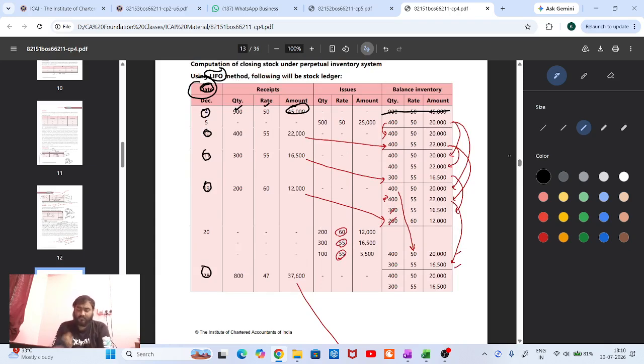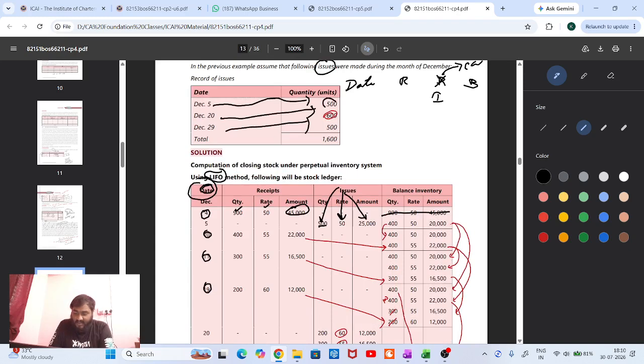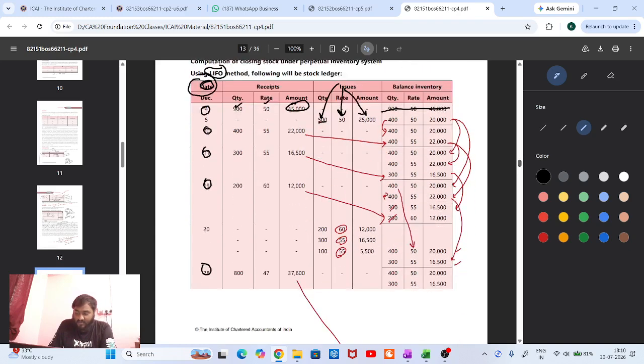So, on 5th December, we issued 500 quantity at 50 rupees each for 25,000. Is this 50 rupees, 500 units? Where are the rupees, sir? The rupees are here.